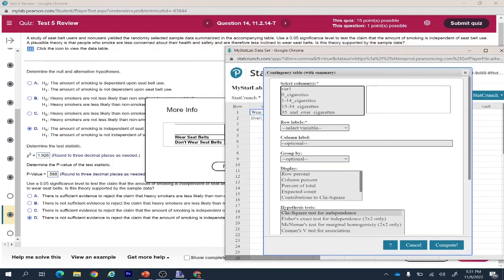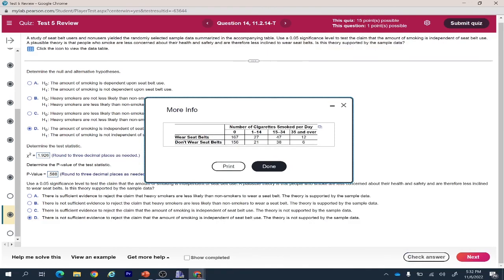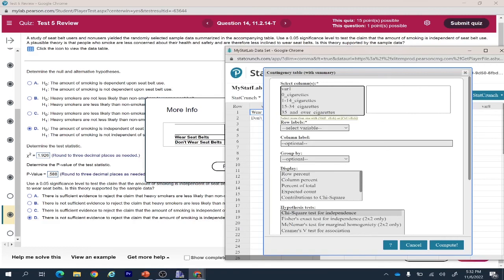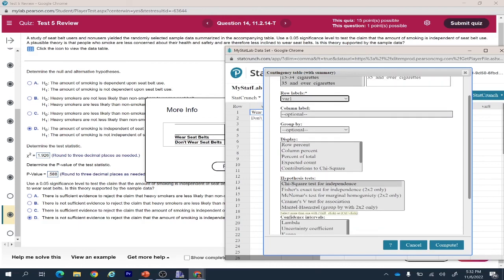If you go back here, all this information except the first one, these are the columns. So we select all these columns, and the row variable is variable 1. Then the hypothesis test is chi-square test for independence.